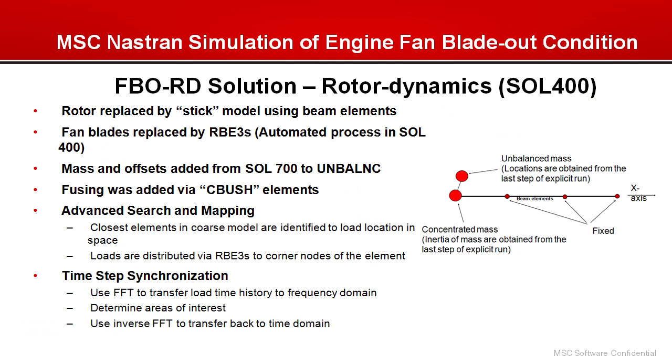Some notes on the rotor dynamics model. The rotor in this simulation is replaced by a stick model using beam elements. The rotor dynamics simulation involves basically both rotating and stationary structures. But currently, Nastran rotor dynamics analysis requires that the rotating portions of the structure be modeled as center line or stick models.